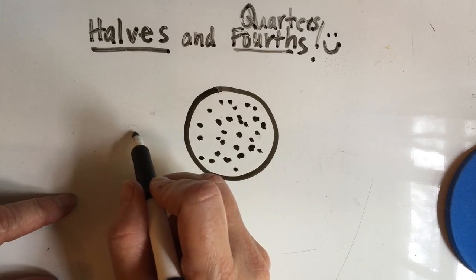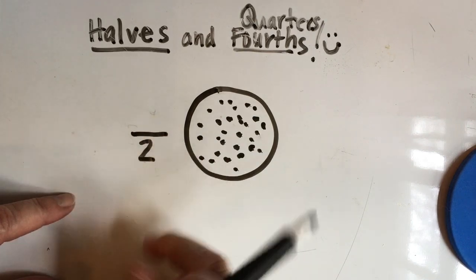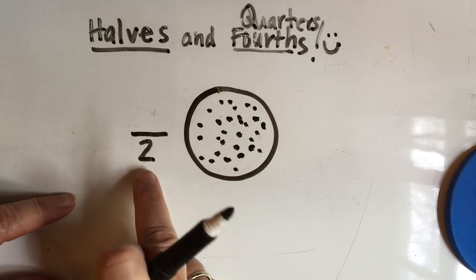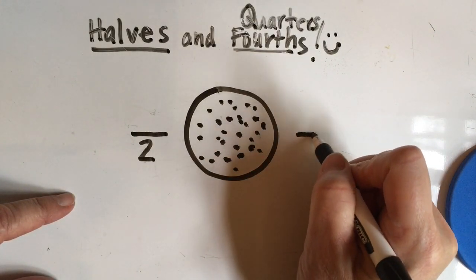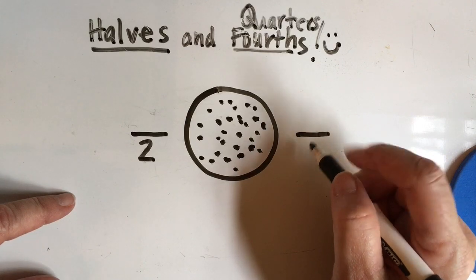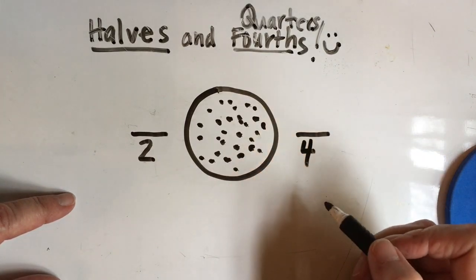So, would you rather share that pizza with just your Uncle Bubba, so that's you and Uncle Bubba sharing the pizza, or share the pizza with your mom, your dad, and your brother? So there are 4 of you sharing the pizza.